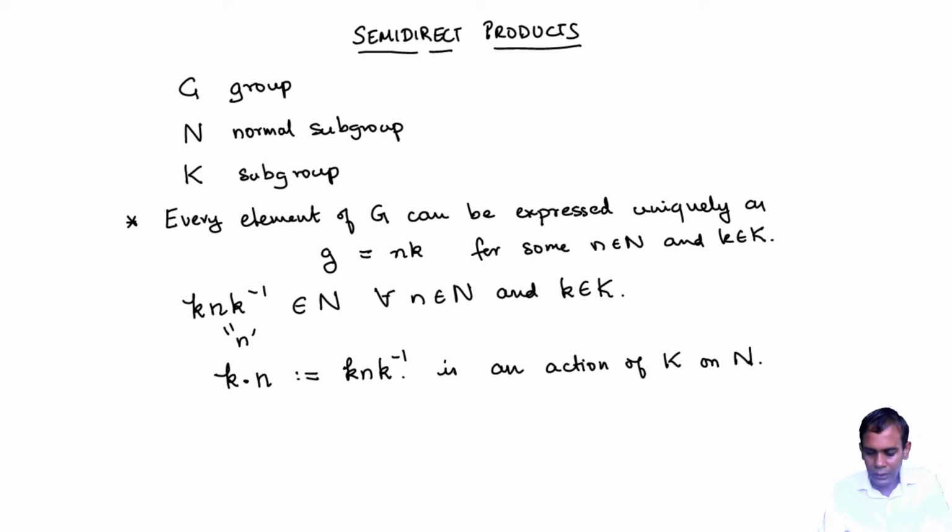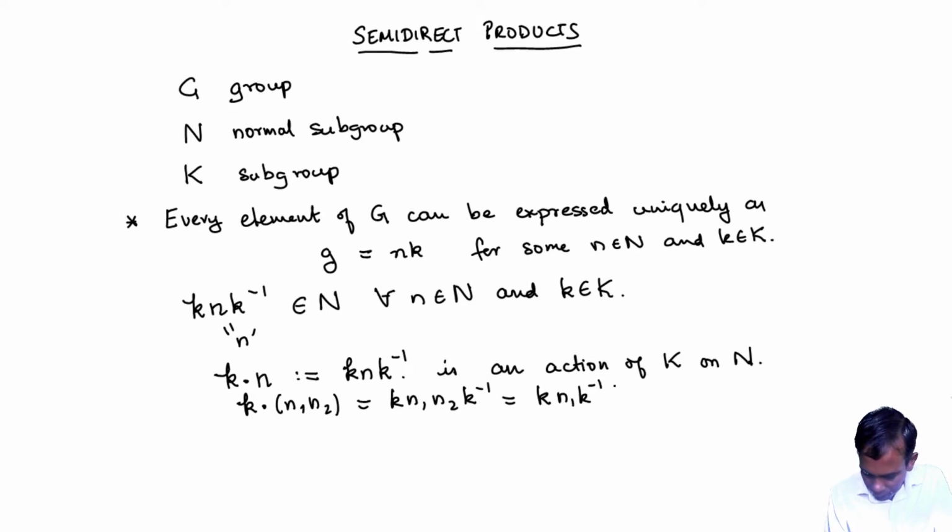It's an action of K on the set N, but it's not just an action on the set, it is also an action such that k dot n1 n2, well, what is that? That is k n1 n2 k inverse, but we can write that as k n1 k inverse k n2 k inverse, just because this k inverse cancels off with this k.